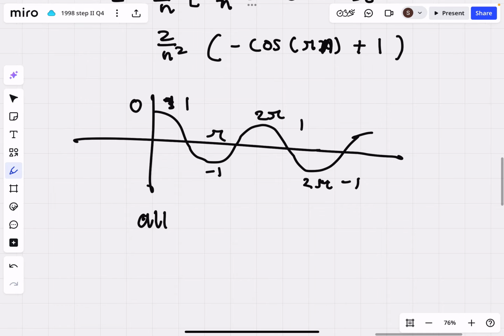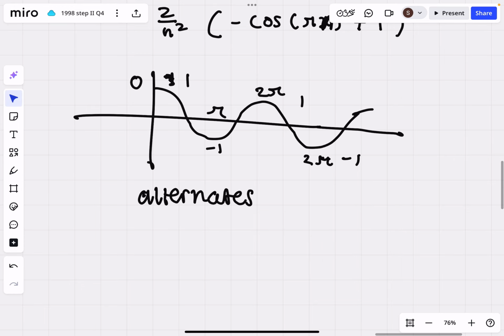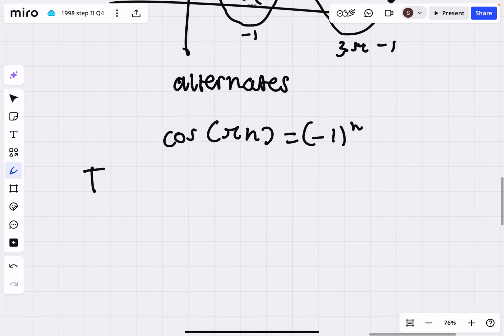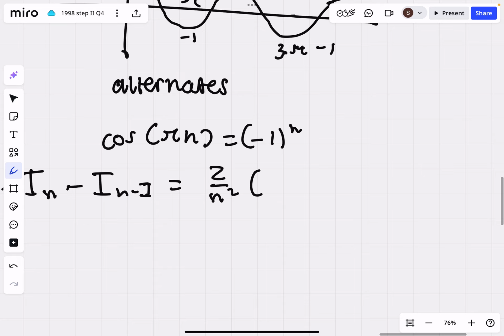So you can see it alternates between minus 1 and 1 at even and odd values of n. So for even values of n it is positive 1, and for odd values of n it is negative 1. So we can rewrite cos n pi as minus 1 to the power of n. Therefore, I_n equals 2 over n squared, 1 minus minus 1 to the power of n.